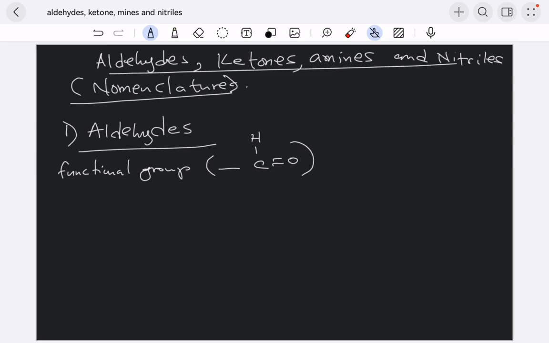That is what represents the functional group of aldehydes, and then they have a suffix. They have a suffix of -al.